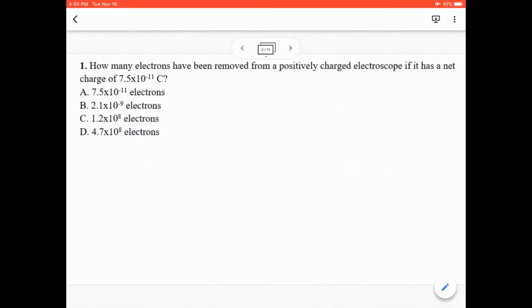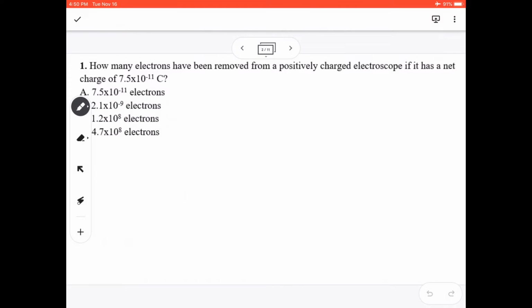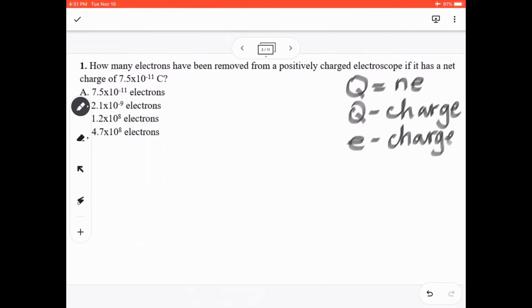Question 1. How many electrons have been removed from a positively charged electroscope if it has a net charge of 7.5 times 10 raised to negative 11 coulombs? So in this problem, we would need the equation Q is equal to N multiplied by E, where Q is a charge measured in coulombs, E is the charge of one electron, and N is the number of electrons.